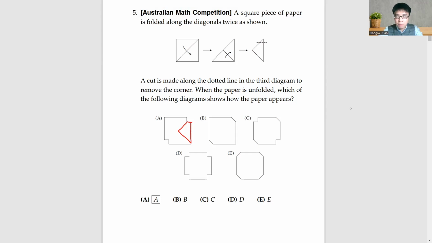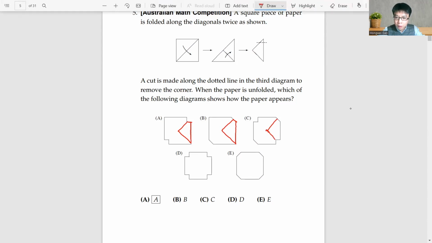Now let's check the other choices. For B, in order to get a picture like B, we need to cut in the following way. We fold it twice. The shape is here, so we should cut this way. That's not the answer, of course. For C, similarly, we actually need 2 cuts.